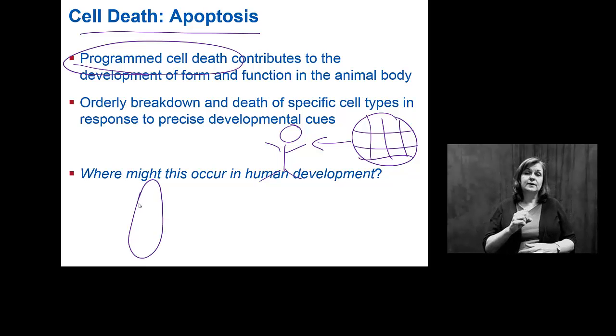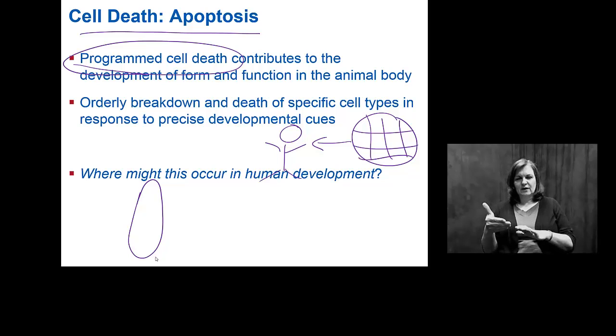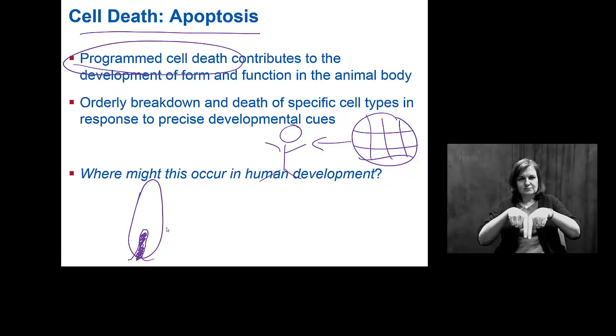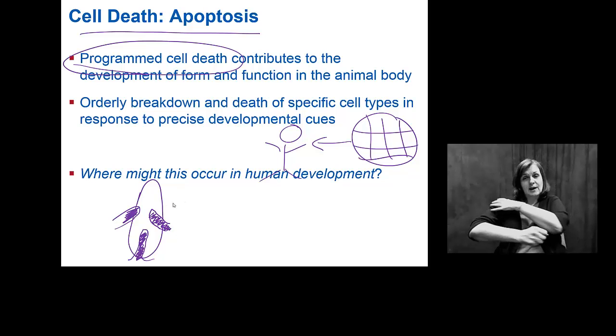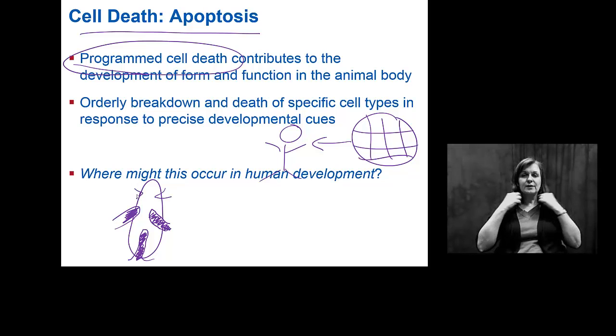So what we have to think about is this apoptosis, or programmed cell death, coming in and actually eating away at the cells in the middle, killing them, so that you can end up with two legs. And then we'll come in with more cells and eat out those other cells, kill those other cells, so you can end up with an arm, and we'll have some here that are going to form a neck for you.